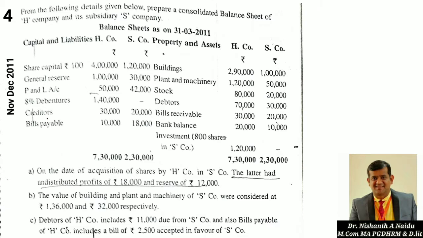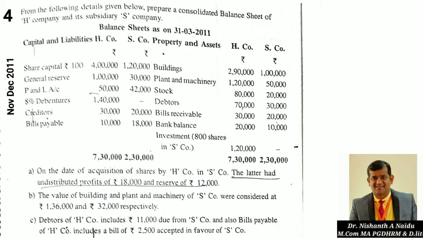Capital and liabilities, H company limited, S company limited. So this is the liabilities column. Under the liabilities column you have share capital of rupees 4 lakh for H company limited and 1,20,000 rupees for S company limited. General reserve rupees 1 lakh for H company, S company rupees 30,000.